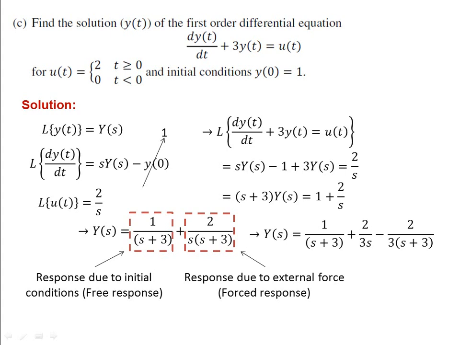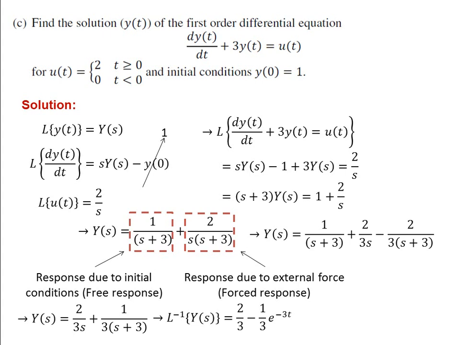If I use the table for the inverse Laplace transformation and further simplify, I find y(t) is equal to 2 over 3 minus 1 over 3 e to the minus 3t.